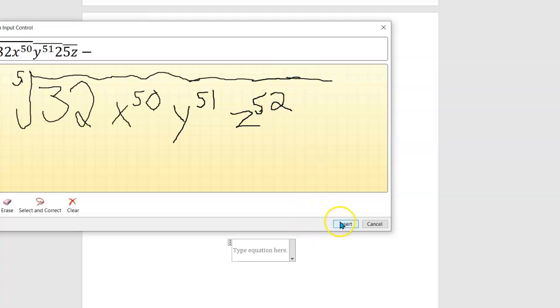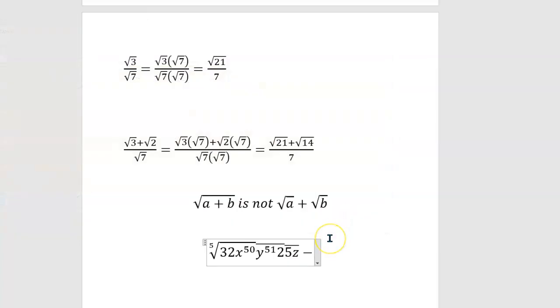And let's insert that. So what this is going to be, and my radical looks all clumsy, but y'all get the idea, is z to the power of 52. So I've got the fifth root of all this stuff. Now let me copy and paste the first part of this.